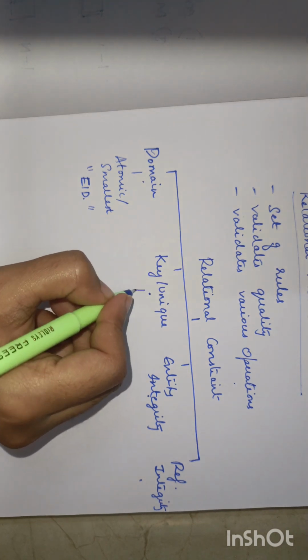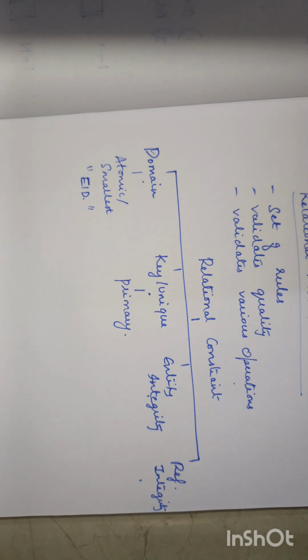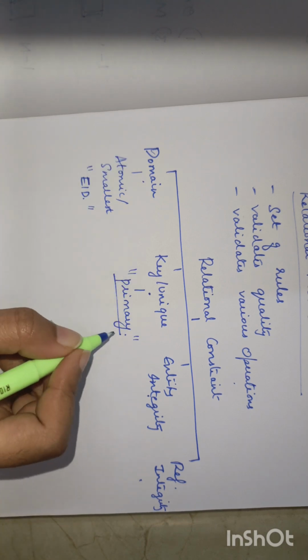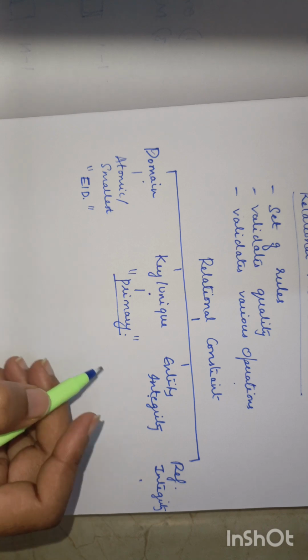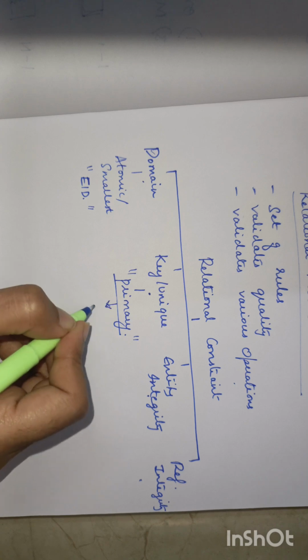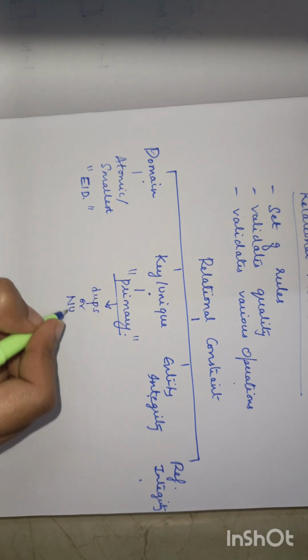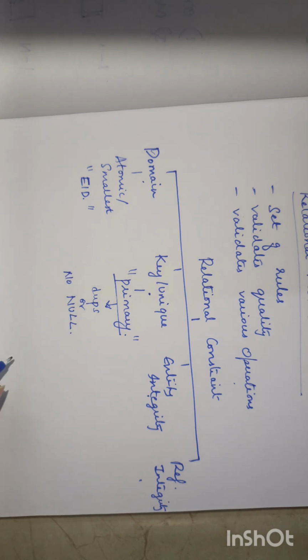Uniqueness constraint is that we need to have a unique key or a primary key. You can define any column as the primary key, but we need to make sure it is unique. It's a unique identifier which is used to identify the entire row. For example, the primary key cannot have duplicates, or any null values, because it's a unique identifier.